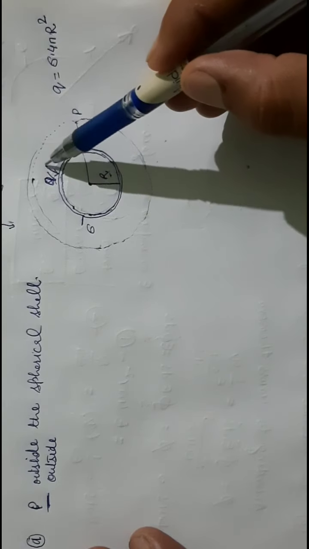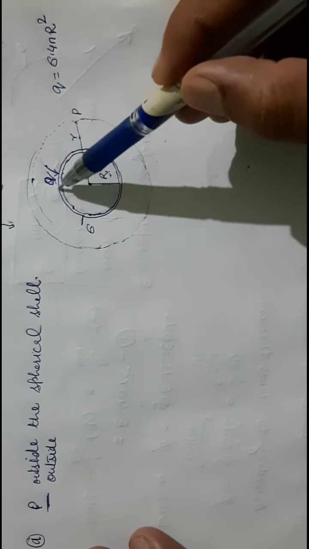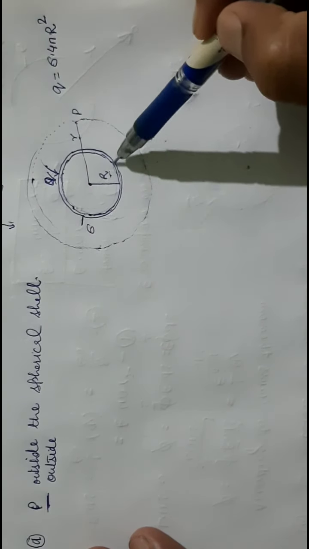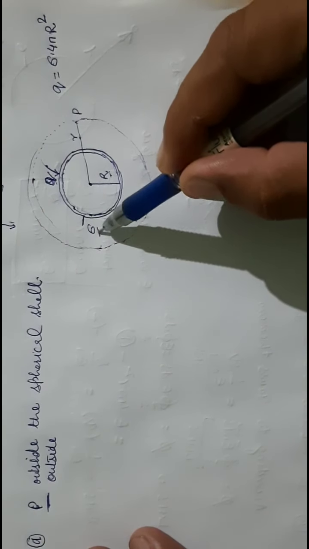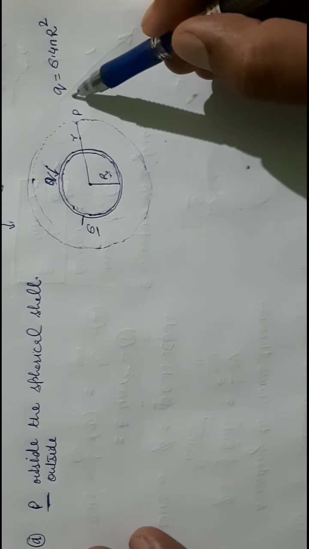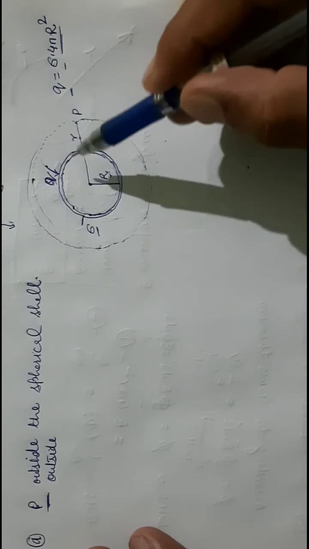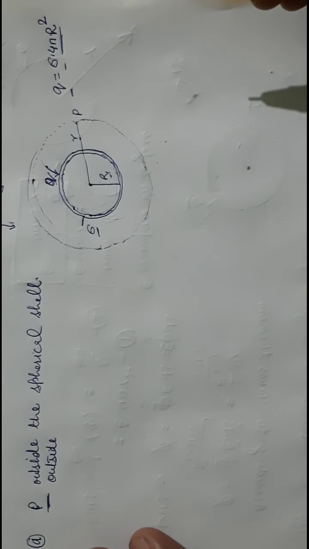As it is charged, I have given a Q amount of charge to this spherical shell. Total charge on this spherical shell is Q, which is uniformly distributed over the surface. If it has a surface charge density sigma, then the total charge on the spherical shell is given by sigma into the area. So the area of the spherical shell is 4 pi R square.